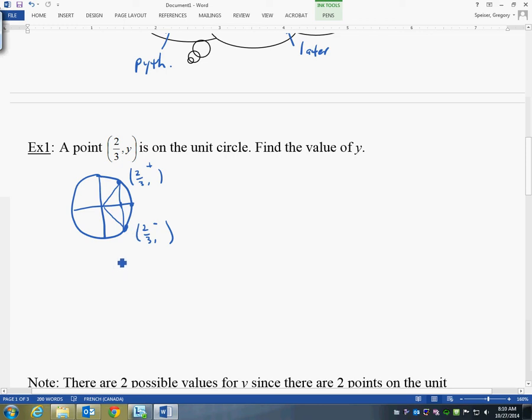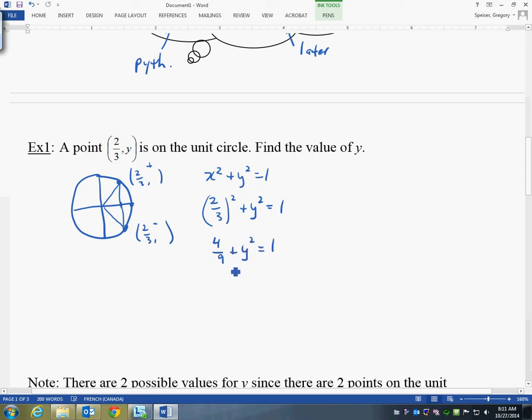There's the other one. Now you'll remember that the formula for the unit circle is x squared plus y squared is equal to 1. In this case, we know what x is. It's 2/3. 2/3 all squared plus y squared is equal to 1. 2/3 squared is 4/9, plus y squared is equal to 1.